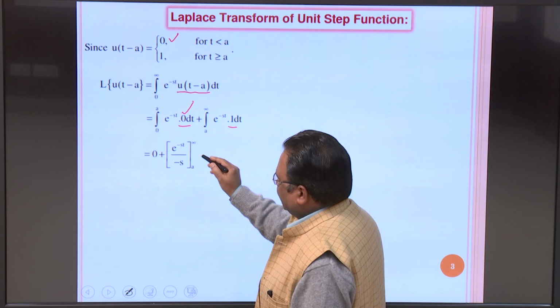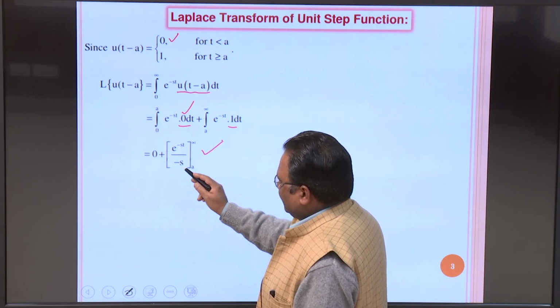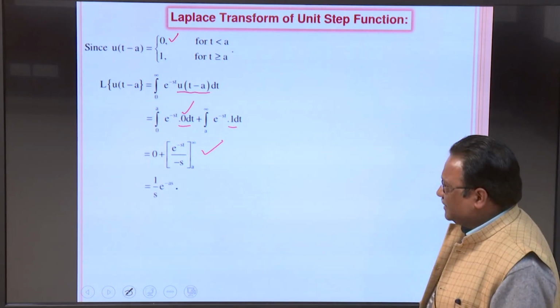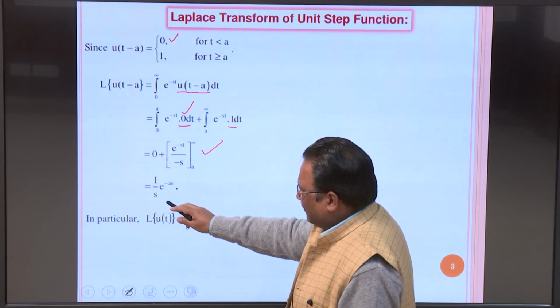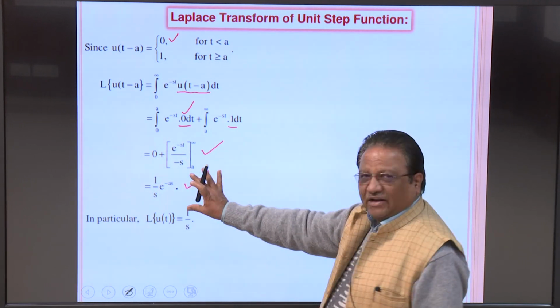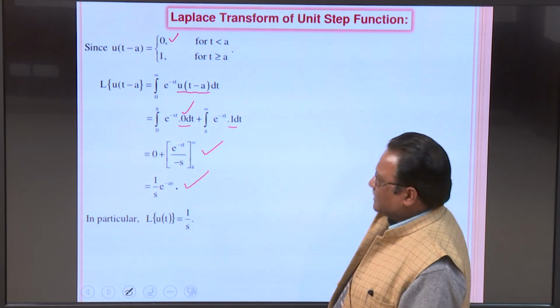After evaluating this integral, we obtain 0 plus e raised to the power minus st divided by minus s, with limits a to infinity. Substituting these limits, we obtain 1 over s times e raised to the power minus as. That is the Laplace transform of the unit step function.